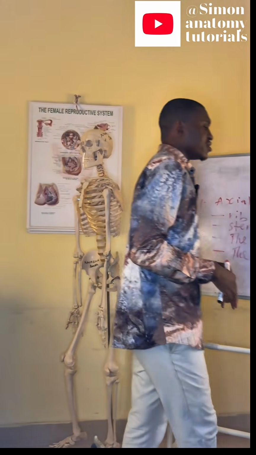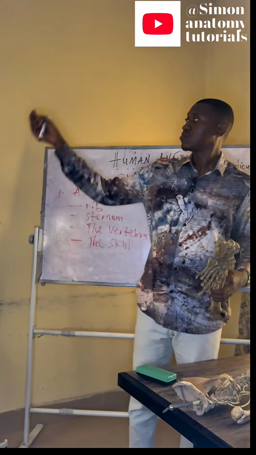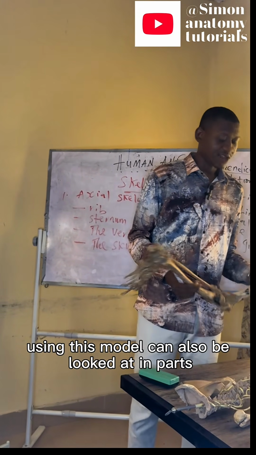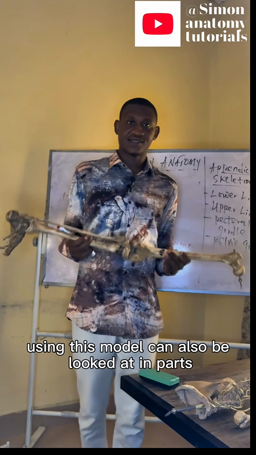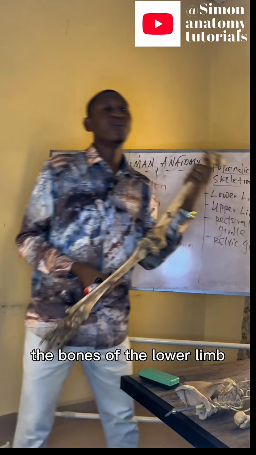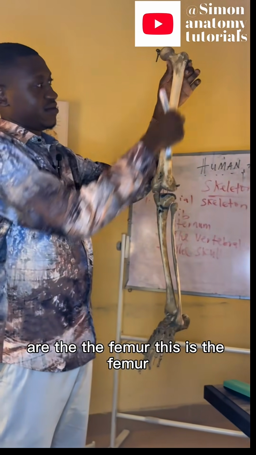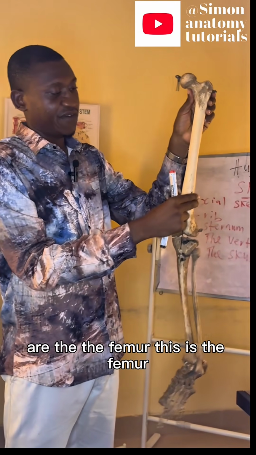Now, these bones that we have run through using this model can also be looked at in parts to consolidate the understanding. The bones of the lower limb are the femur. This is the femur.